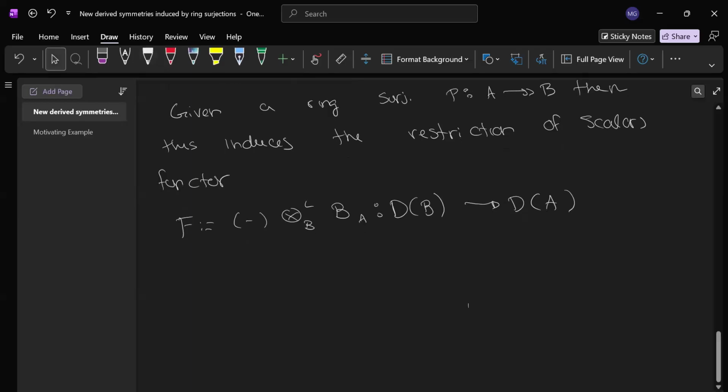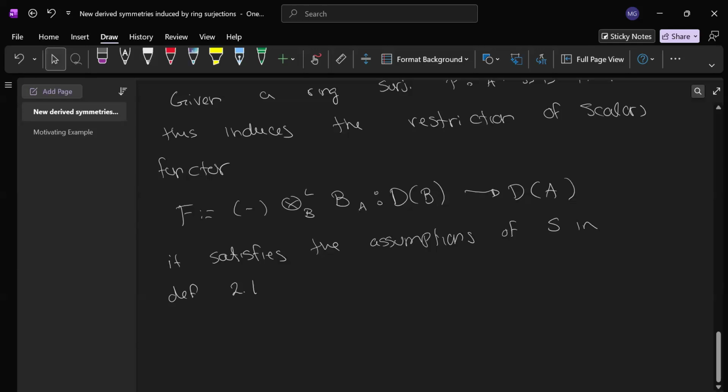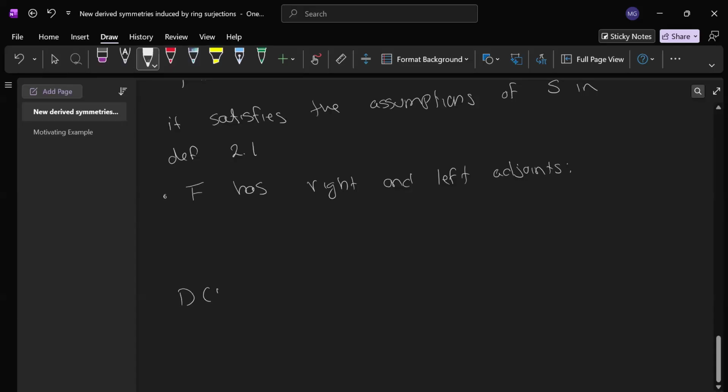So we've got this functor, and it satisfies the assumptions of S in the definition of the twist. In particular, F has a right and a left adjoint given by the following functors.